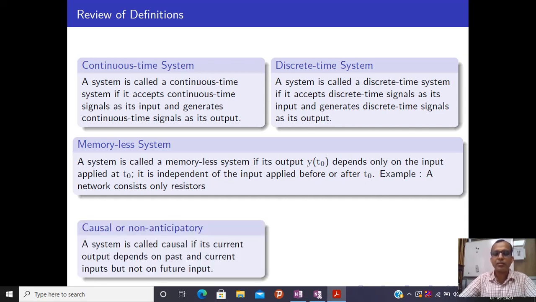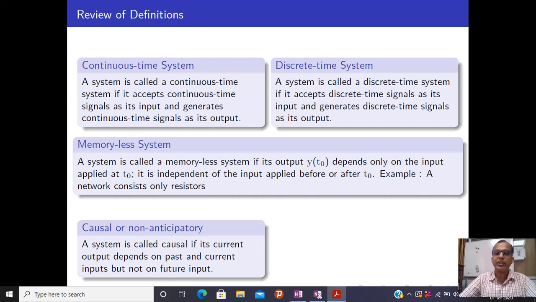Another class of system we are going to talk about is a system with memory. Whenever we talk about memory, there are more possibilities: the output may depend on the present, on the past, or maybe on the future also. But when we made the abstraction of the dynamical system, we already assumed that our output is not affected by future input.